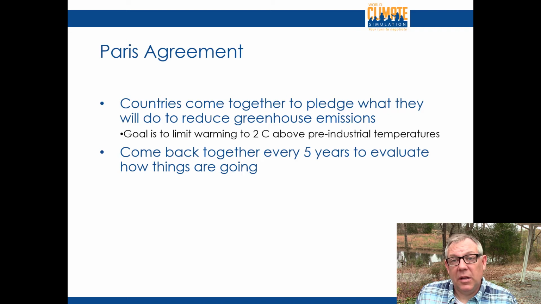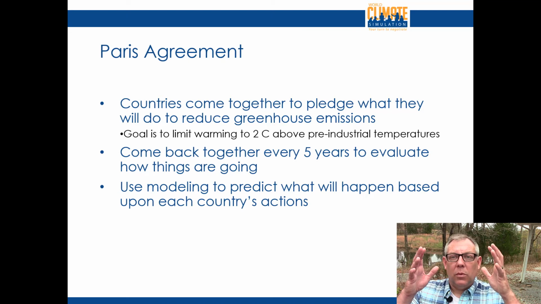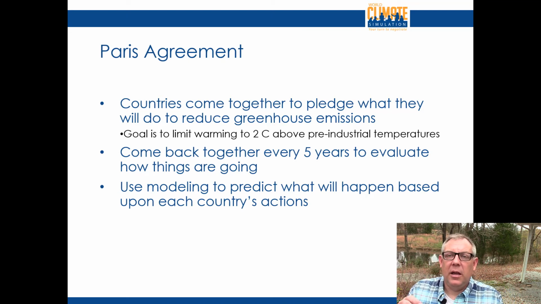Again, the United States, we pulled out. These models are very important to try to figure out what's going to happen based upon each country's actions. There's no way we can test this. Again, you do modeling in your head, right? We can sit here and say, well, China produces less per capita, but their total releases more.